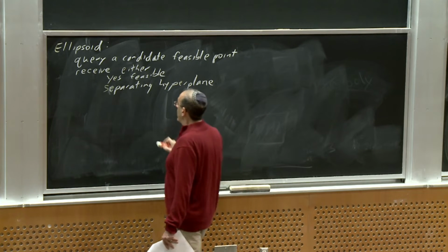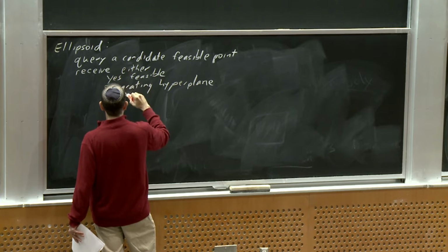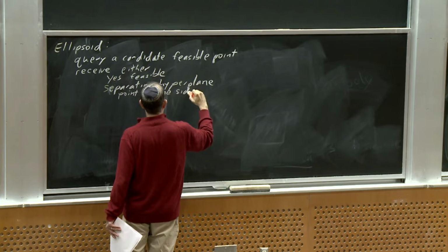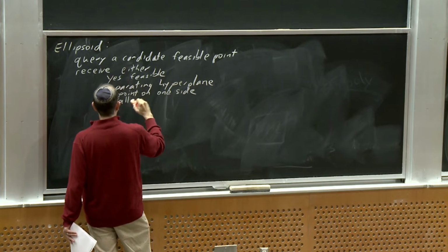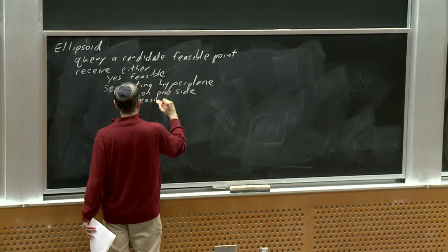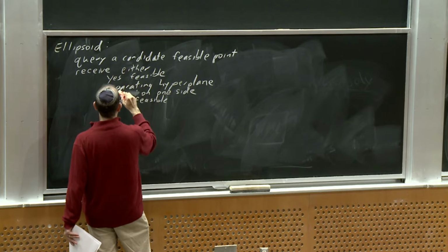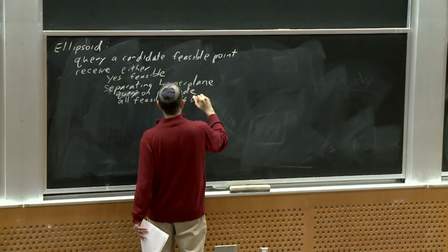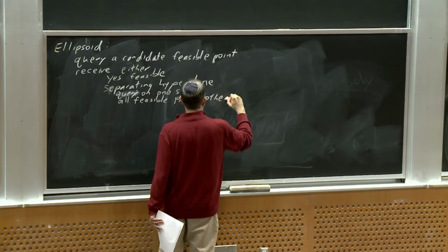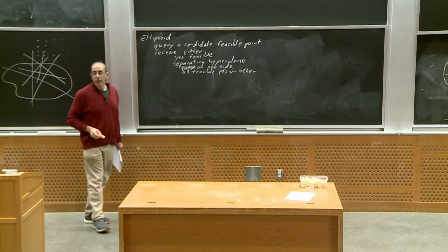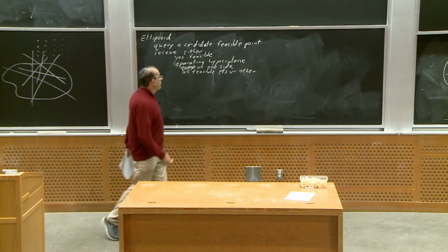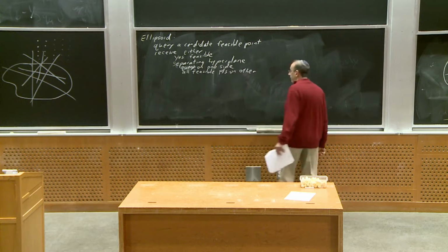Which is to say that your point is on one side, say the query is on one side, and all the feasible points are on the other side. Okay, and that you can now test, right, that your point is not feasible. And so now you can go look on the other side.